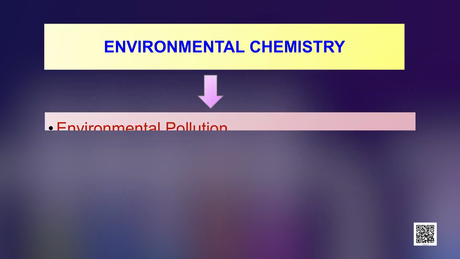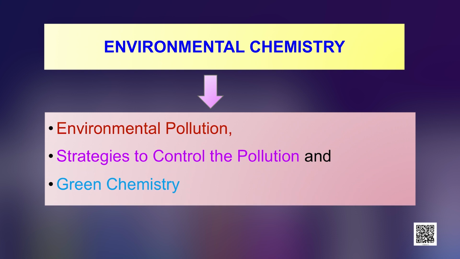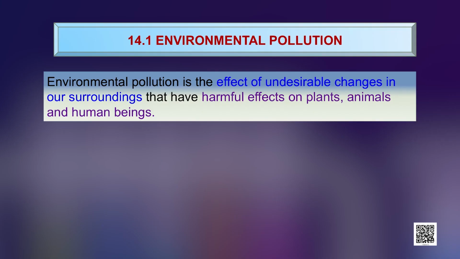We will be dealing with the environmental pollution, strategies to control the pollution and green chemistry in the 4 sessions. So, let us first understand what is environmental pollution. The environmental pollution is the effect of undesirable changes in our surroundings that have harmful effects on plants, animals and human beings.